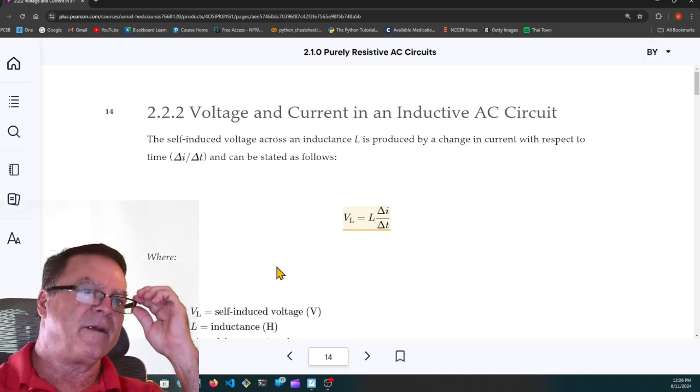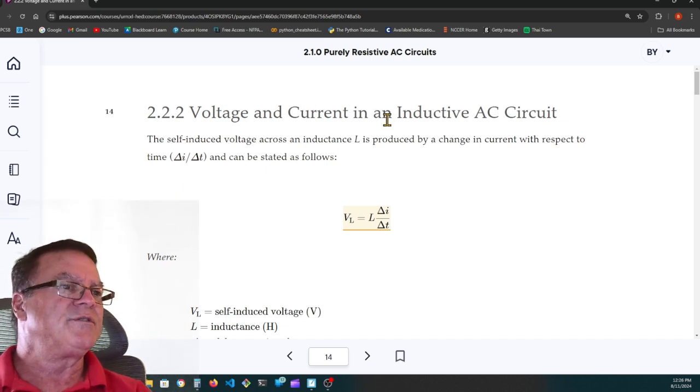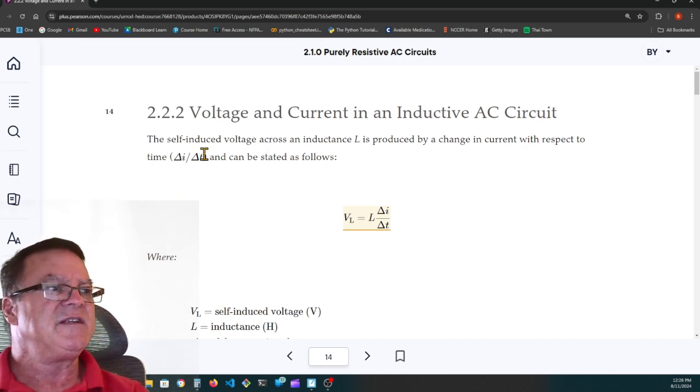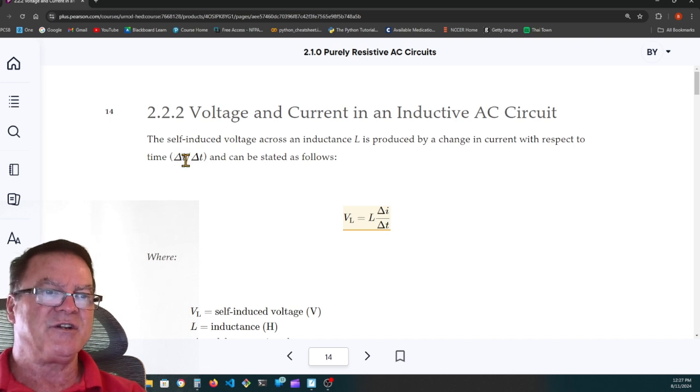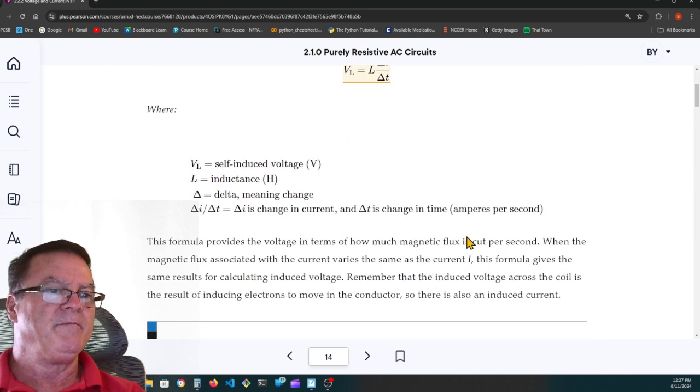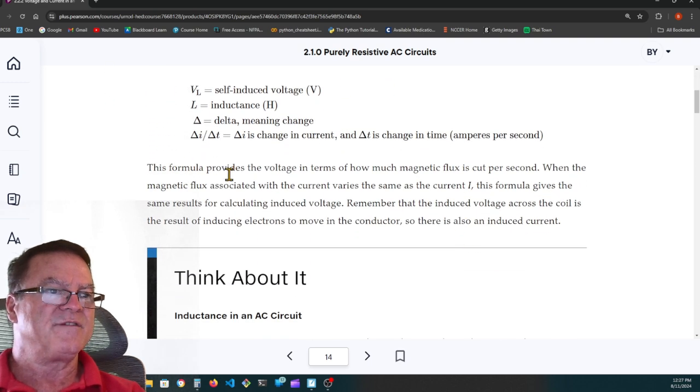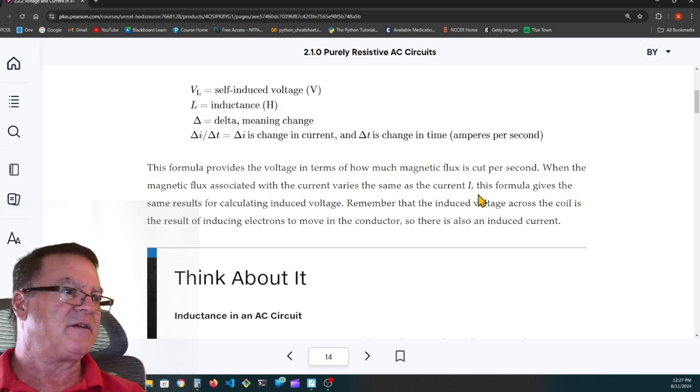Okay, all right, so voltage and current in an inductive AC circuit. The self-induced voltage across an inductance L is produced by a change in current with respect to time. This delta just means change in current divided by change in time. Okay. This formula provides the voltage in terms of how much magnetic flux is cut per second.